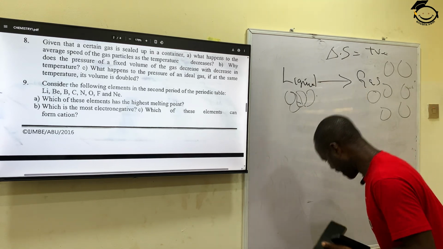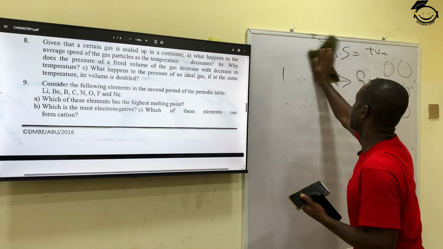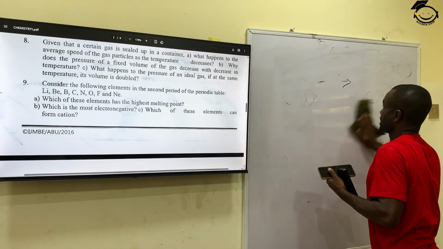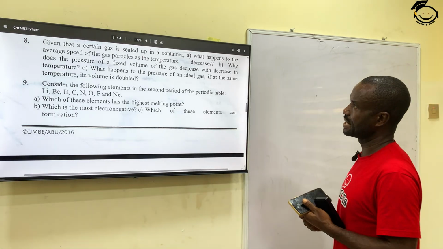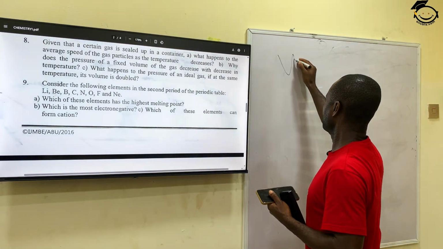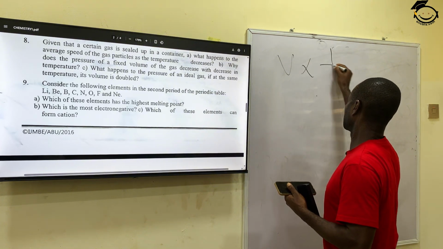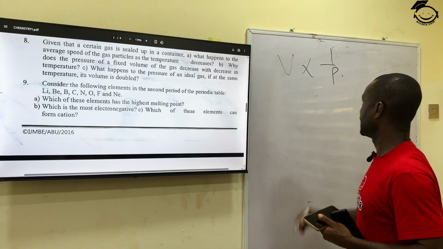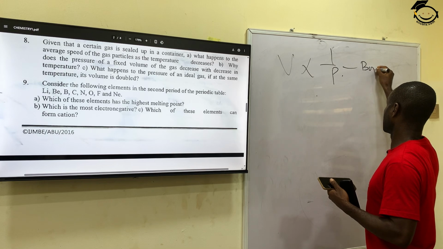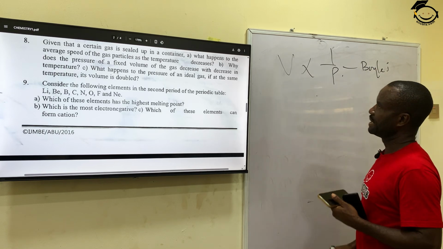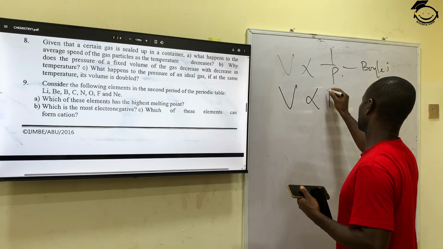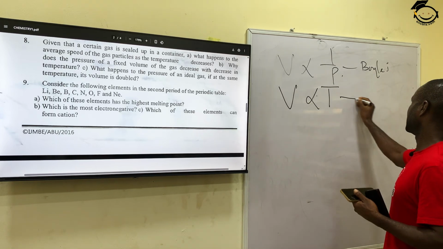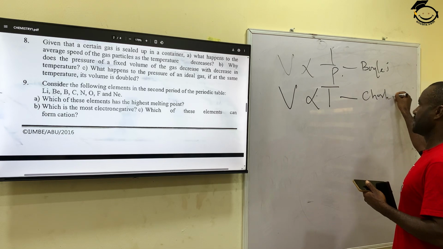This brings us to the gas laws, Charles' law and Boyle's law. Remember, Boyle's law states that the volume of a given mass of gas is inversely proportional to its pressure. Then Charles' law says the volume of a given mass of gas is directly proportional to its absolute temperature. Remember this.